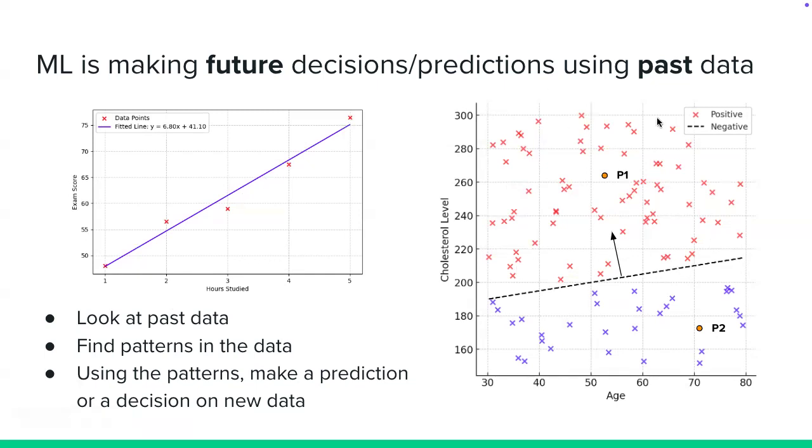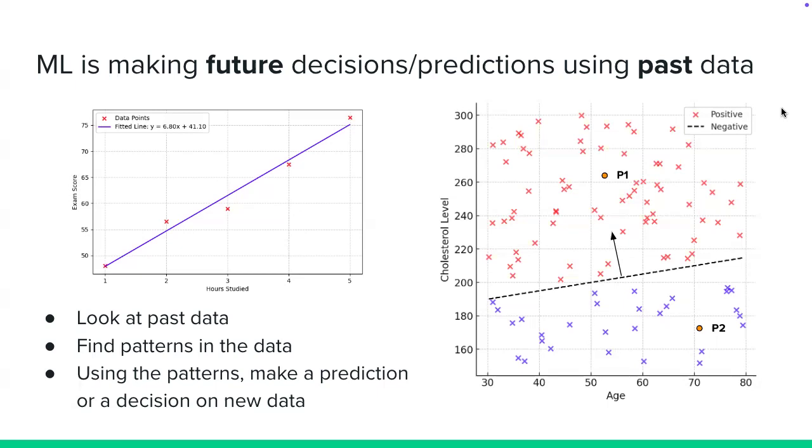The second example was heart disease classification. We had about 100 patients, and for each patient, we know their age, their cholesterol level, and whether they have heart disease or they don't. Then we have 2 new patients, and we only have their age and cholesterol level, and we want to know if these patients have heart disease. What we did was very similar to the first example.